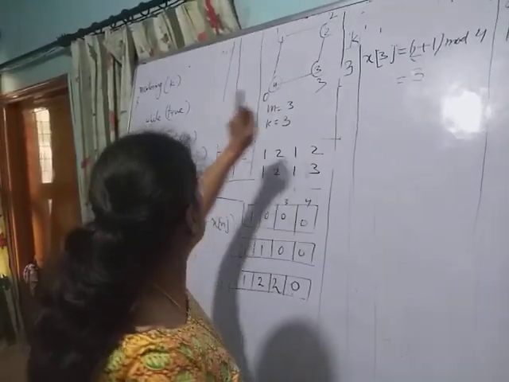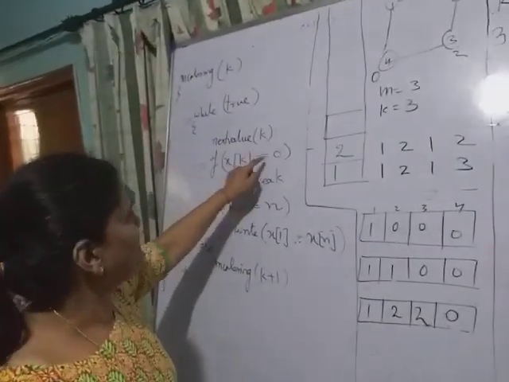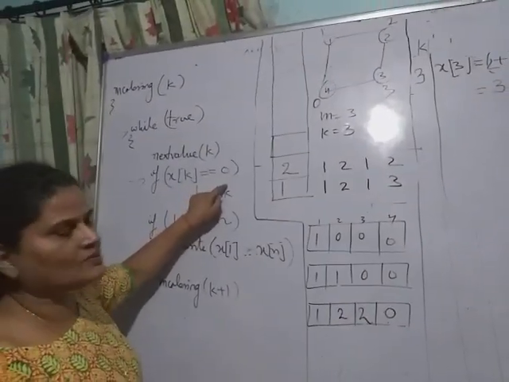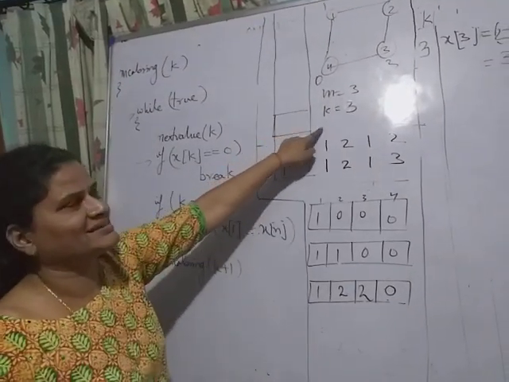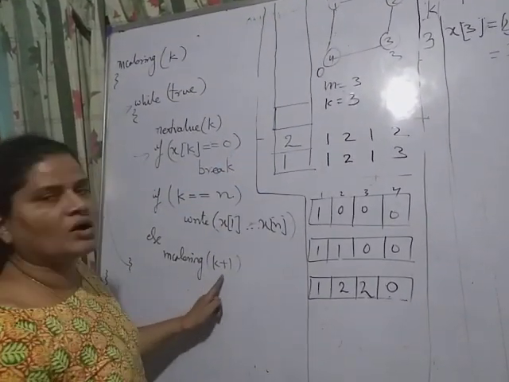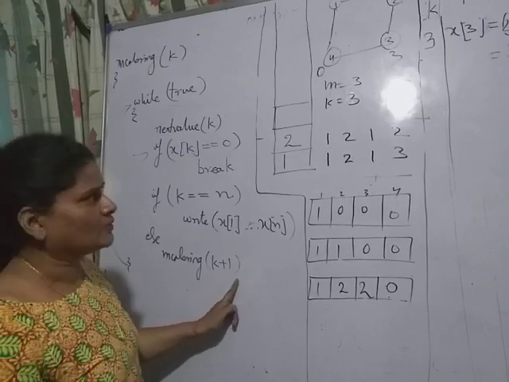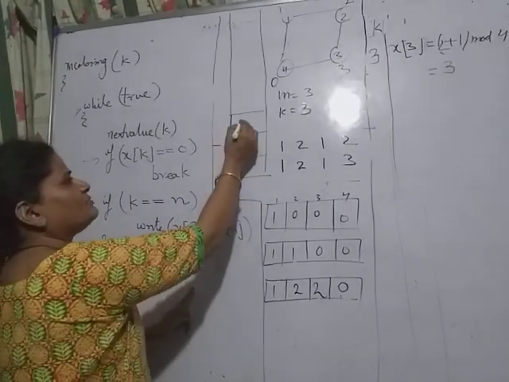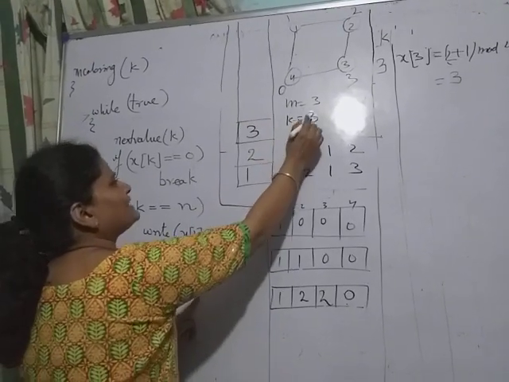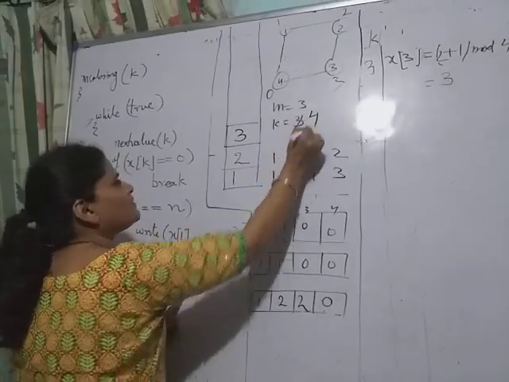So the control is transferred here and xk equal to 0 is not true. K is not equal to n as k is here 3. So it will call m coloring k plus 1. Before calling this, the current value of k will be pushed onto the stack and the new value of k is 4.